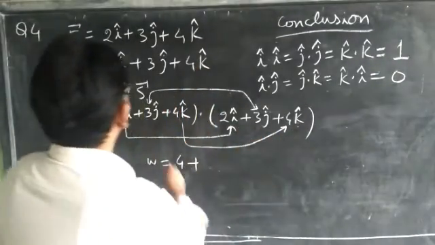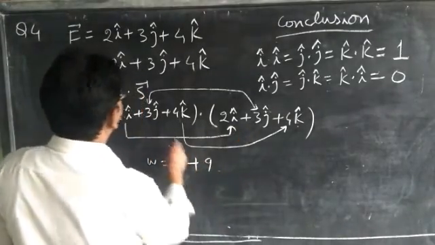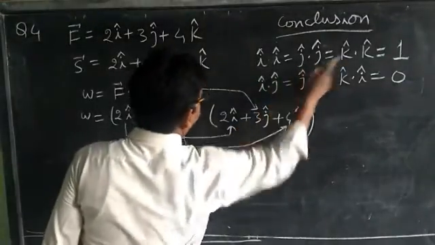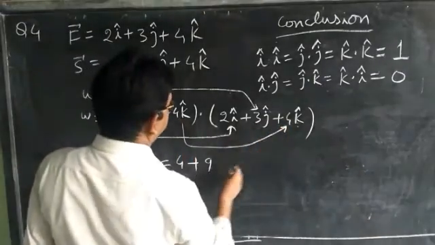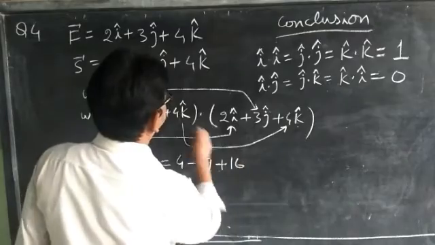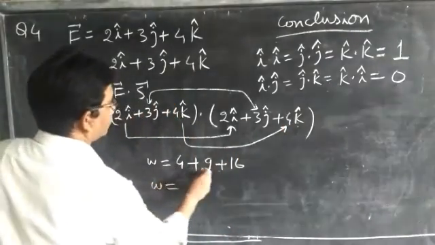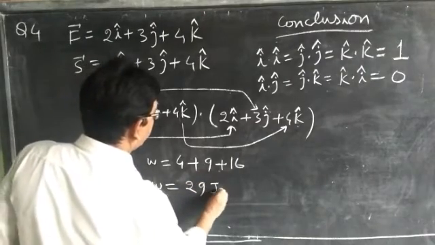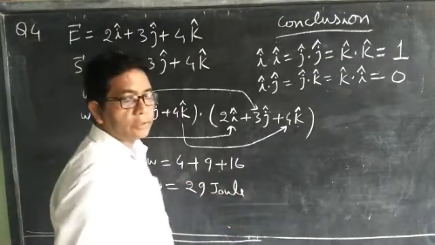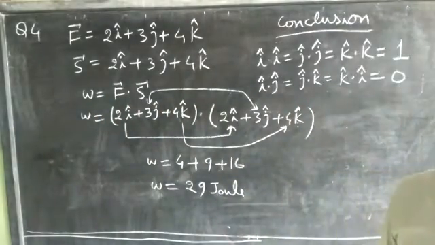Similarly, 3J dot 3J gives 9, and J dot J is equal to 1. Similarly, 4K dot 4K gives 16, and K dot K is equal to 1. Thus work done is 29 joule. Now we will discuss the next question.